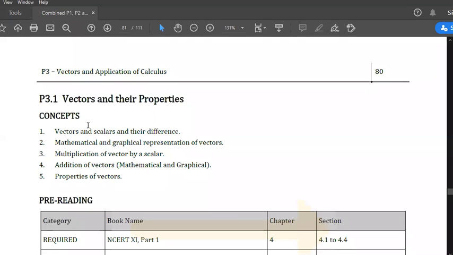Okay, so this was the basic definition of vectors, scalars, and the difference that we have covered. Then we studied how to represent vectors mathematically. So we represented vectors on a two-dimensional coordinate plane.